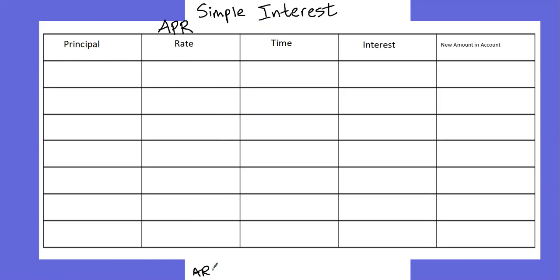So let's write that down here. So APR stands for annual percentage rate. So annual, of course, meaning for every year.